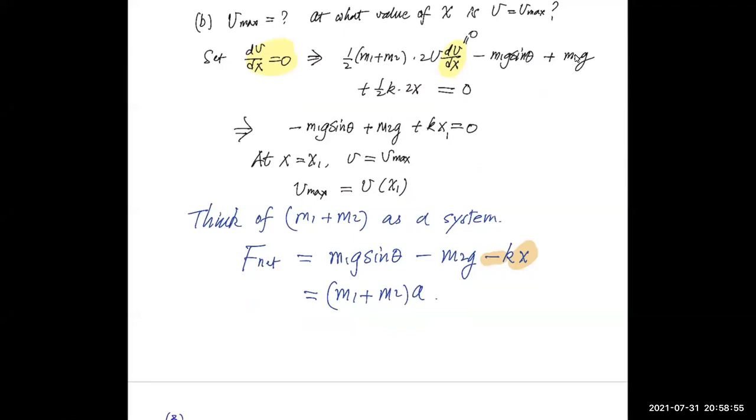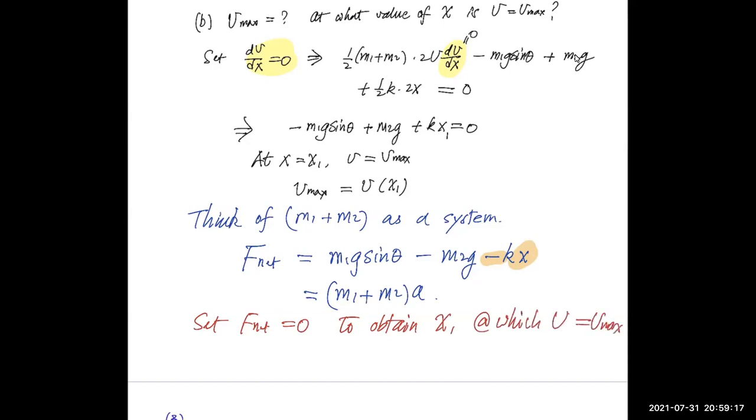Okay, so you can set f net equal to 0 to obtain x1 at which v equals v maximum, okay?